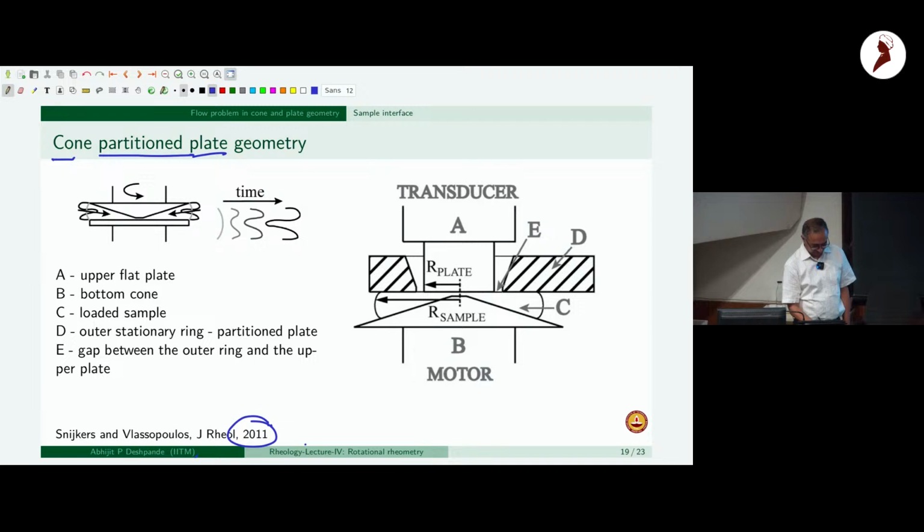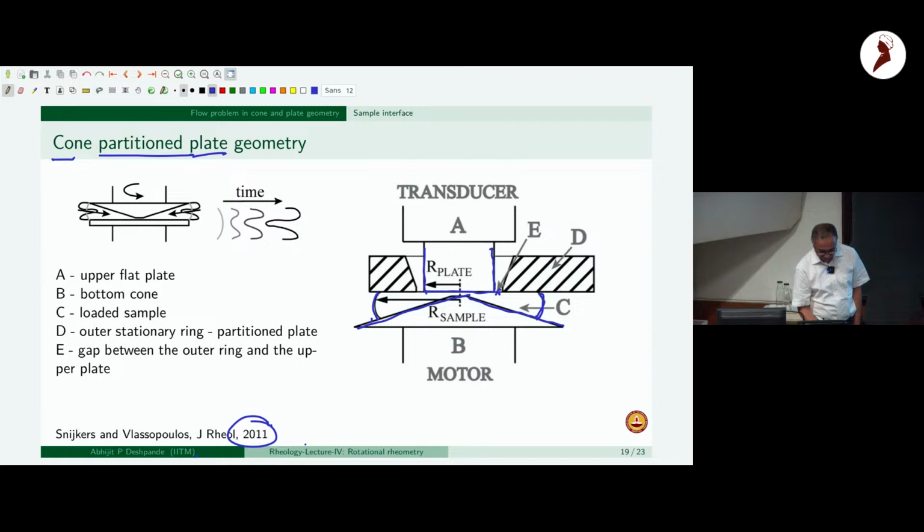If you look at it, this is the cone that we've been talking about, and the plate is only here, so the edge of the sample is much further down. But then you make measurements along different radii.